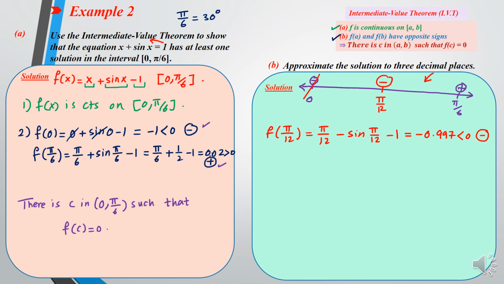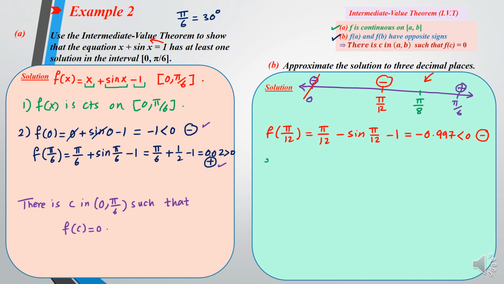So you have to use another iteration, and you have to find the mid value between pi over 12 and pi over 6. So add these two numbers and divide by 2. This will give us pi over 8. So the mid value is pi over 8.